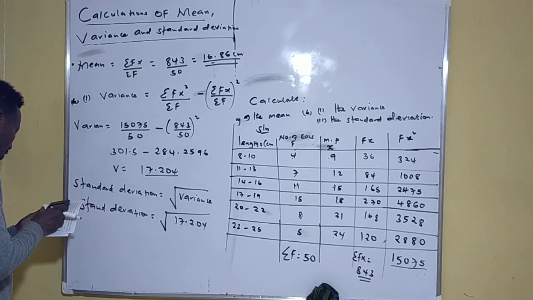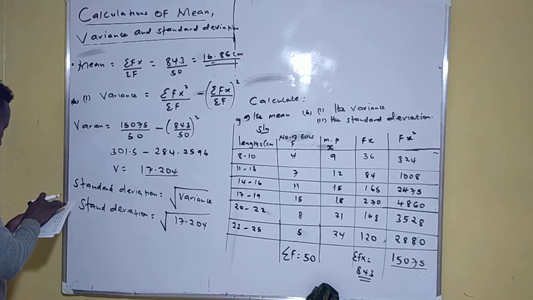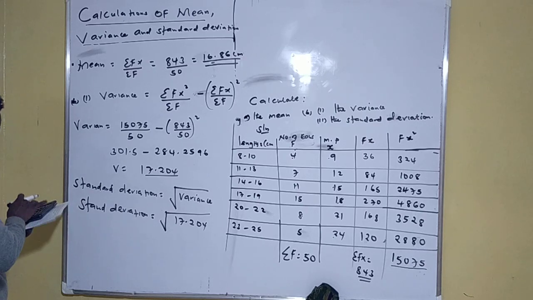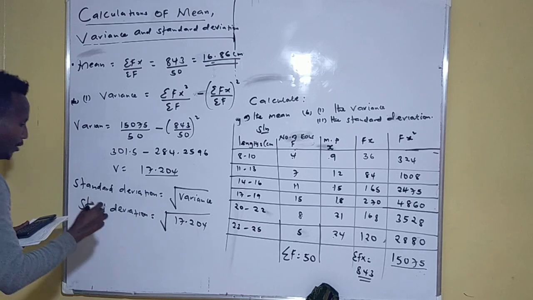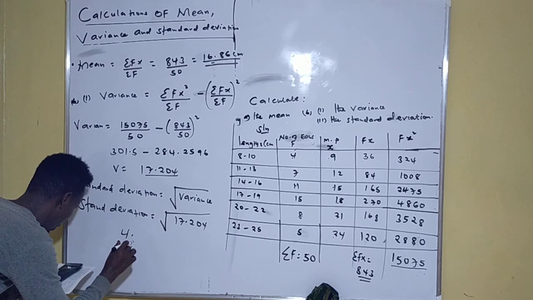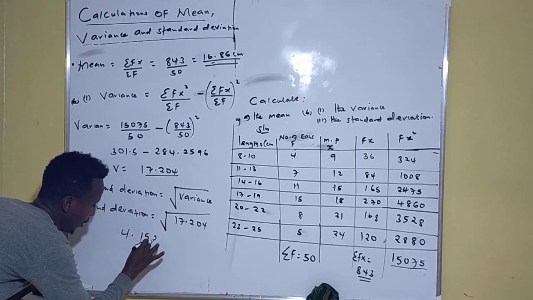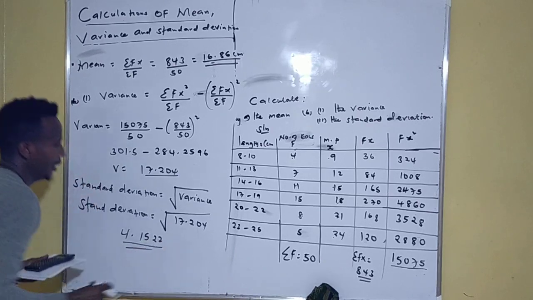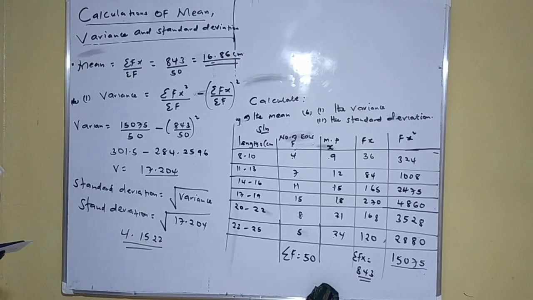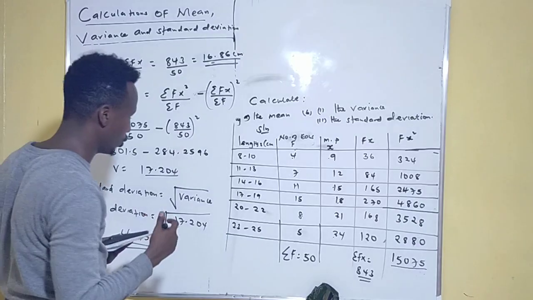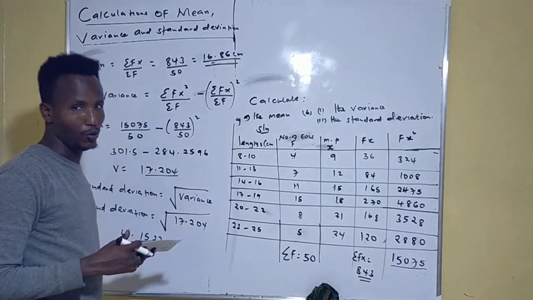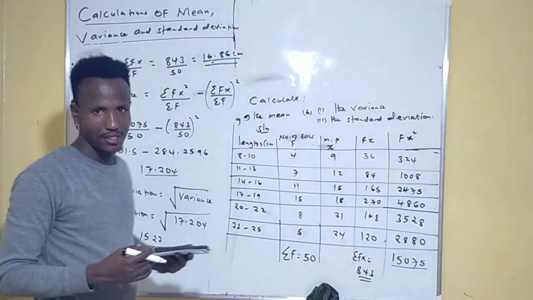The root of our final answer gives us 4.1522. And that's how you calculate variance and standard deviation plus mean without using the assumed mean, guys.